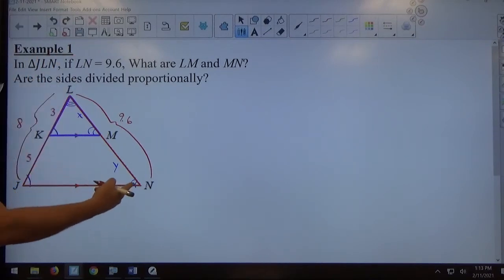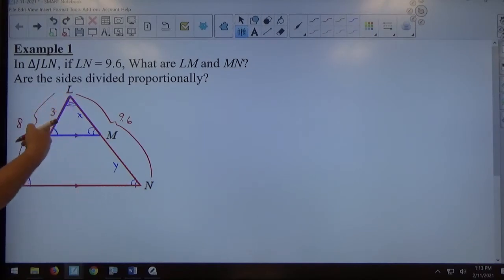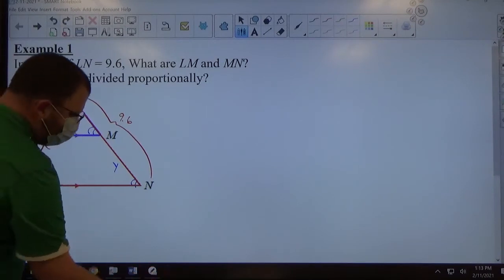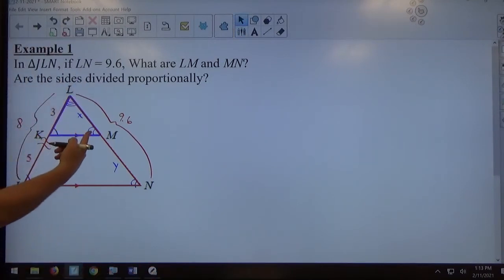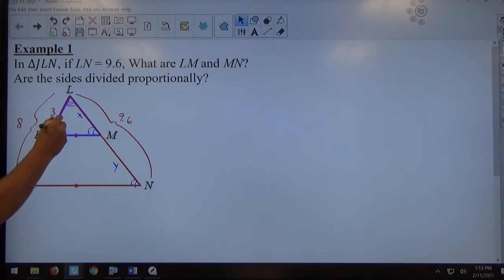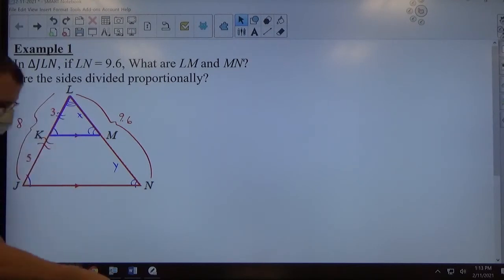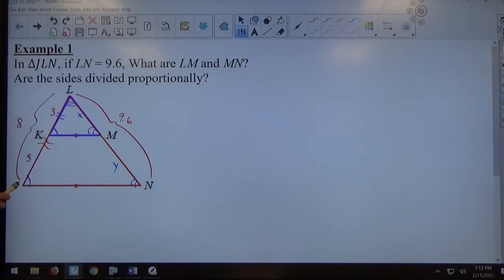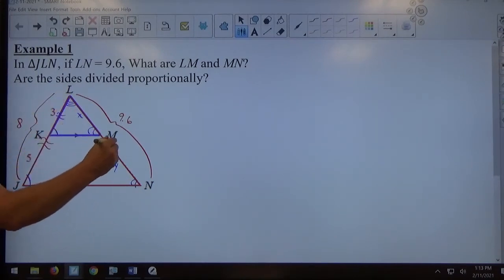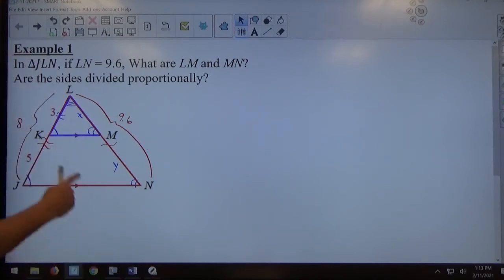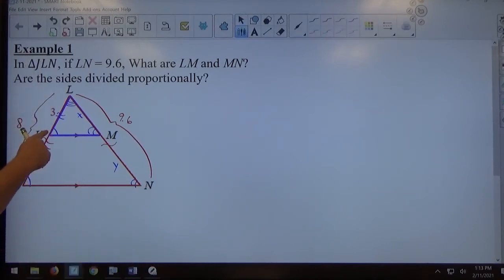If I'm looking at the angle with 2 marks, which is opposite LJ, that should be proportional to the angle with 2 marks in the smaller triangle, which is opposite LK. The angle with 1 mark over here, angle J, is opposite side LN, so that side LN is proportional to the shorter side opposite the 1 marked angle here, X. So that's the relationship of sides in these similar triangles that allows us to create a proportion.